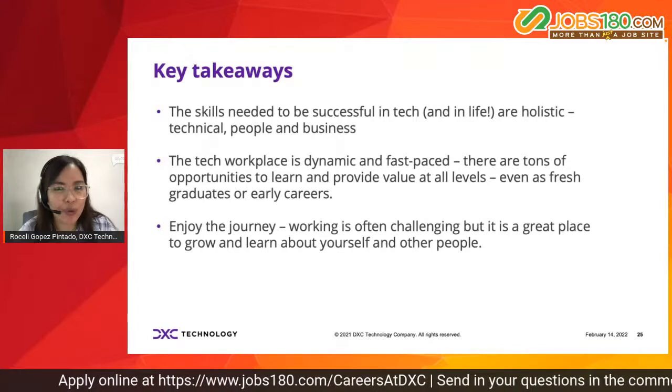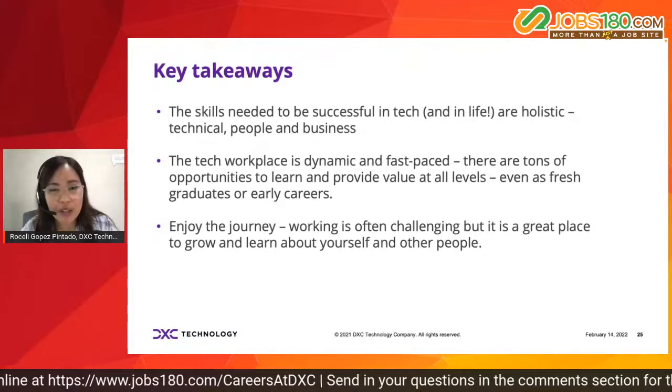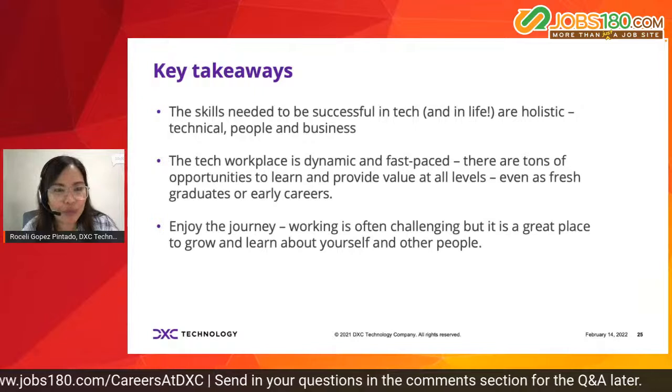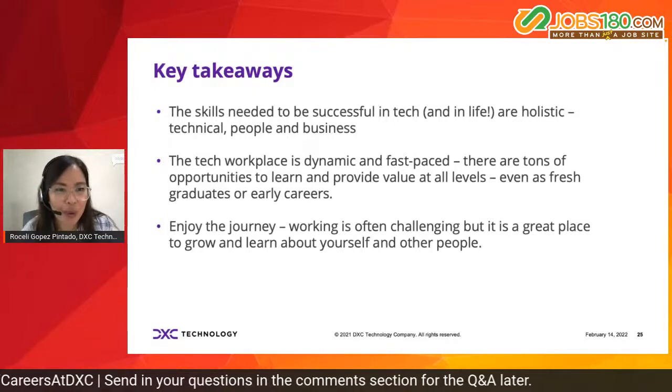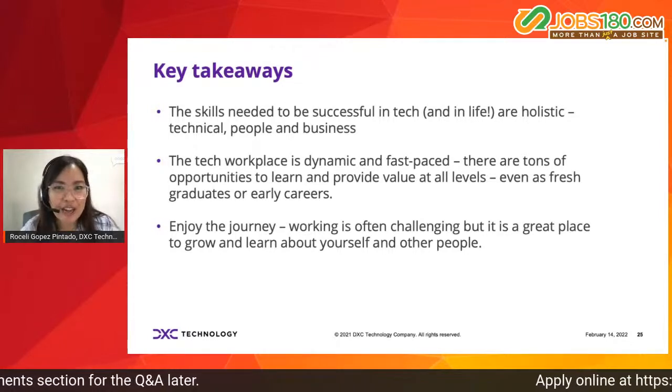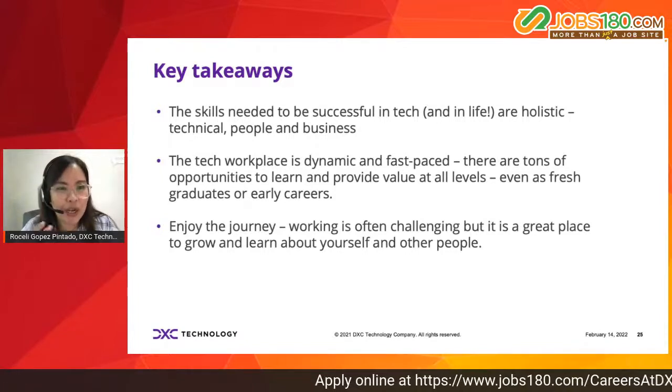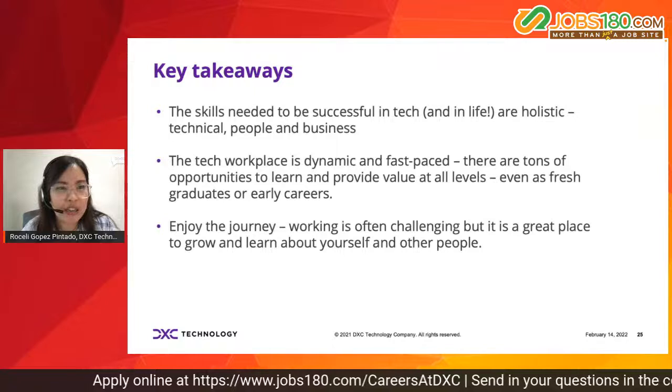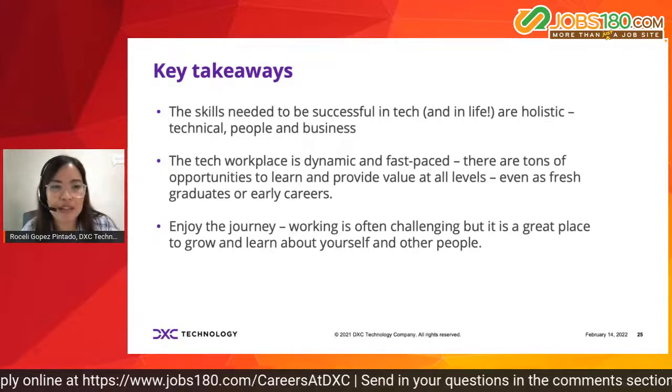What I want you to think about after this talk, right? Take away from this: the skills needed to be successful in tech and also in life is really holistic. It's not just one thing. It's having the right skills, or really investing in your technical skills, your people skills, and your business skills.